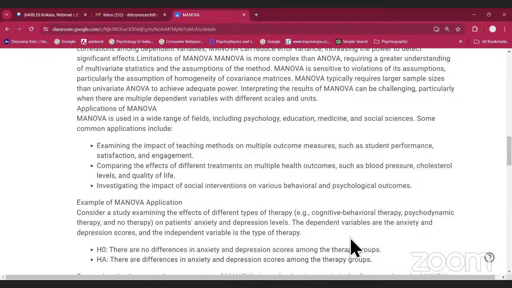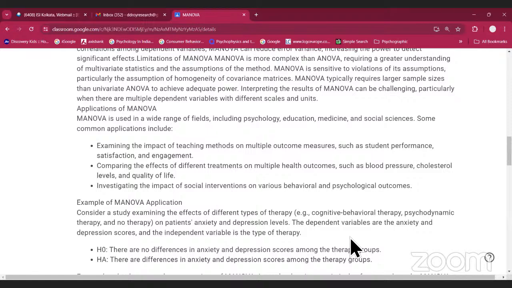A MANOVA application example. Consider a study examining the effects of different types of therapy, such as cognitive behavioral therapy, psychodynamic therapy, and no therapy, on patients' anxiety and depression levels.